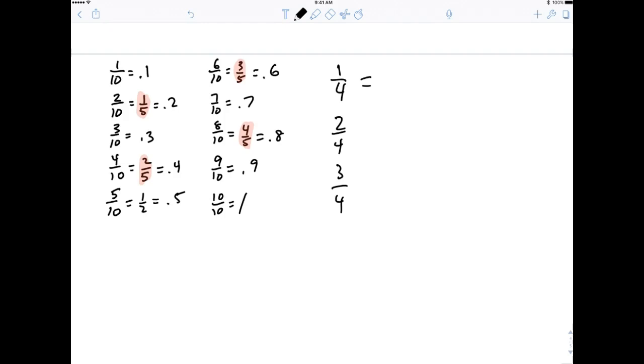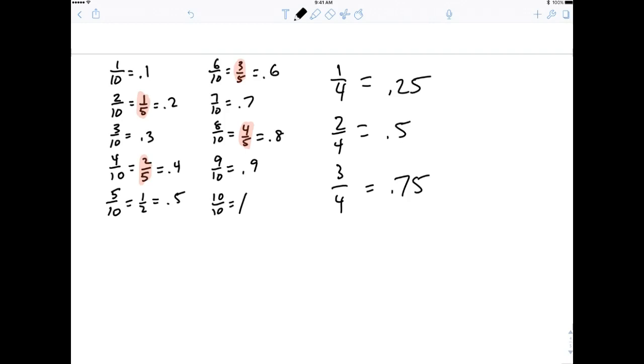A quarter, 1/4, is the same as 25 cents. 2/4 is the same as 0.5, and if you'll notice, 2/4 is the same as 1/2. And then 3/4 is the same as what? Yes, 0.75. So I'd like for you to know that.